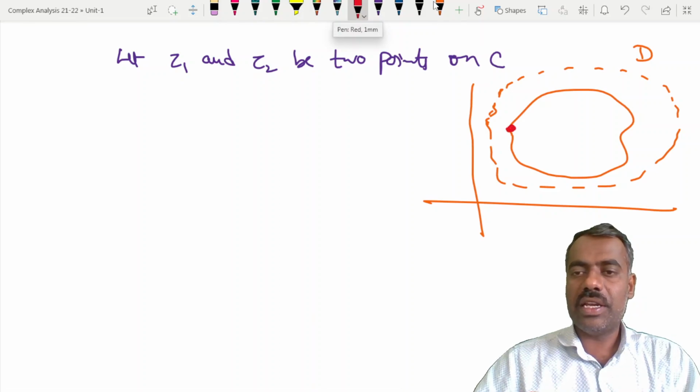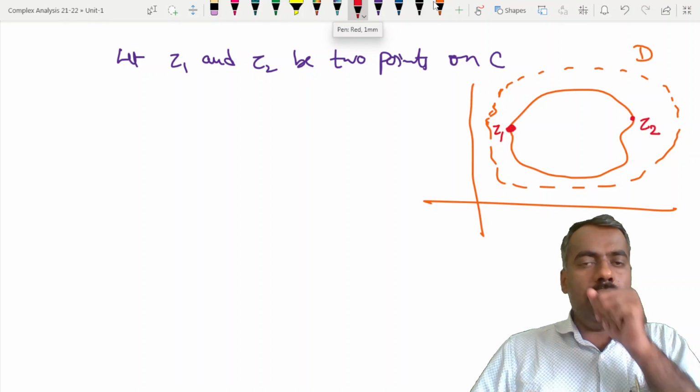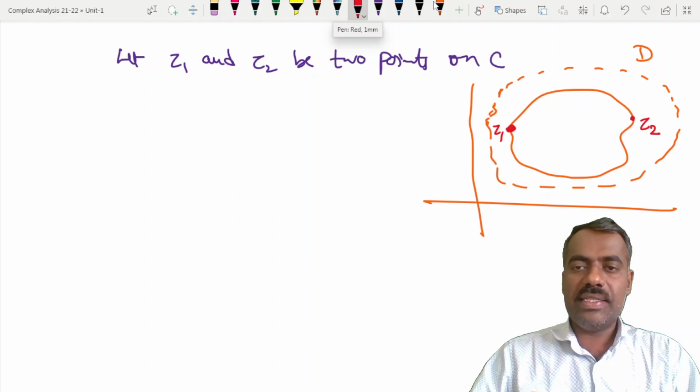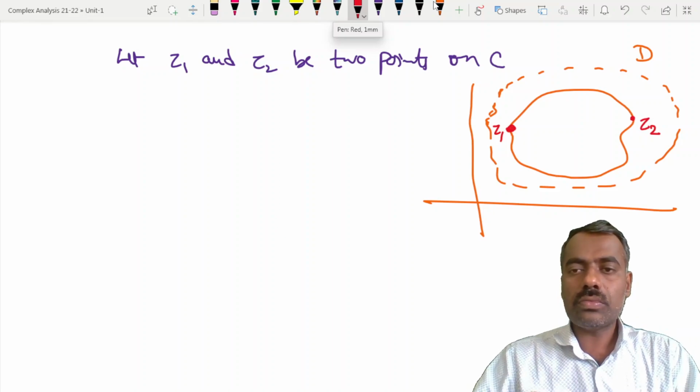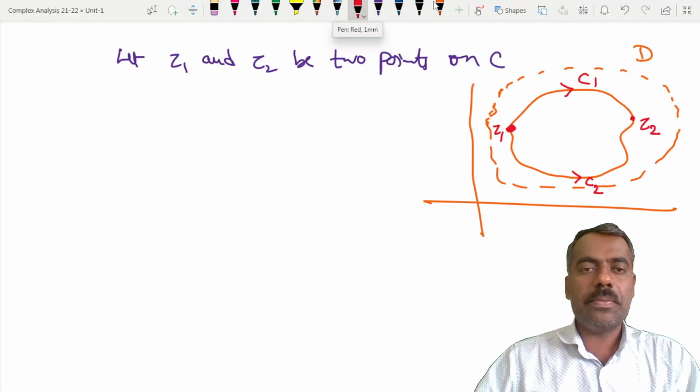Suppose this is my z1 and this is my z2. Then we'll take two paths C1 and C2. Suppose this is C1 and this is C2. Then what is our C? C is nothing but travel along C1, then travel along minus C2. So C1 minus C2.